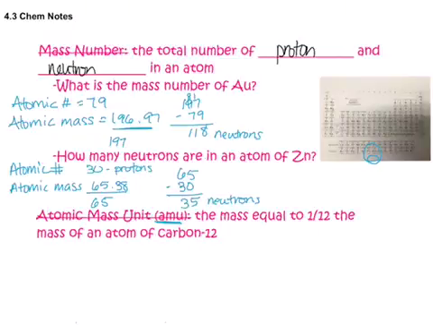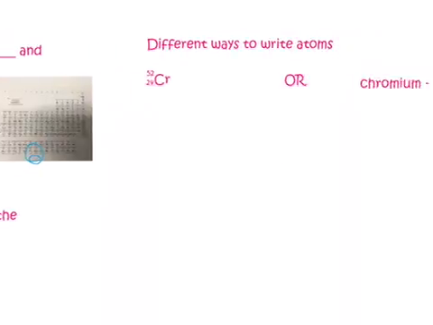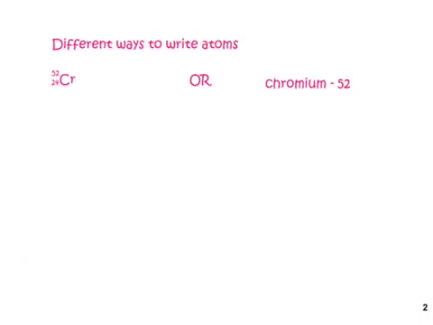There are a couple different ways to write this information for each atom. This method right here is called the nuclide notation. With the nuclide notation, the mass number is written on top, and the atomic number is written down below.